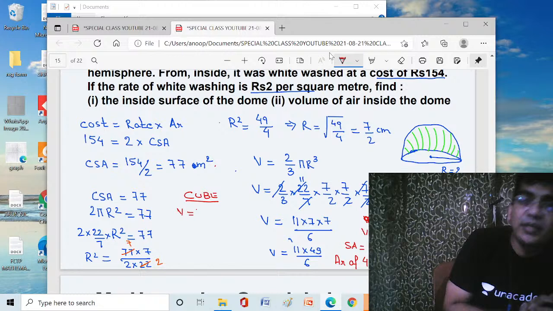Then we have the formula for surface area. It has also got six surfaces just like the cuboid, and its formula is 6a square. Then we have the formula for the diagonal. The diagonal formula is under root 3 into a.